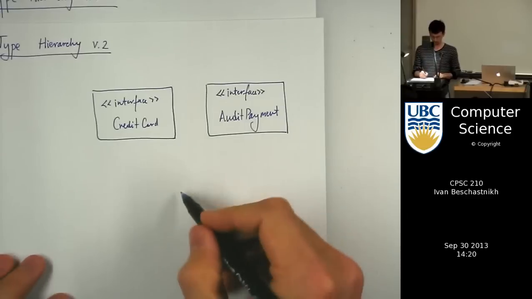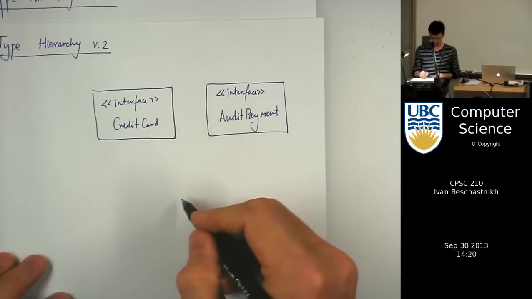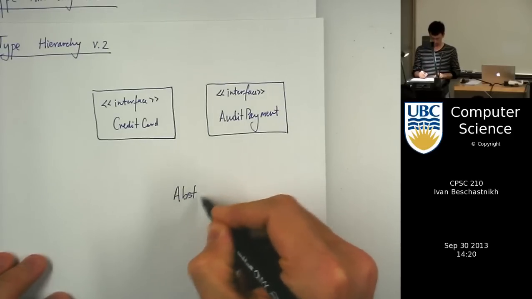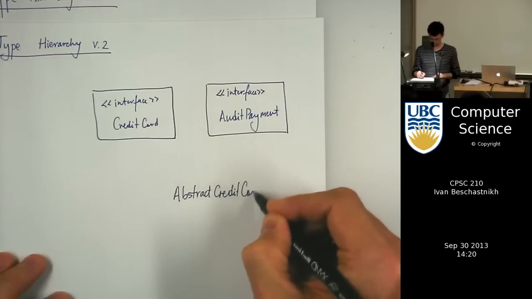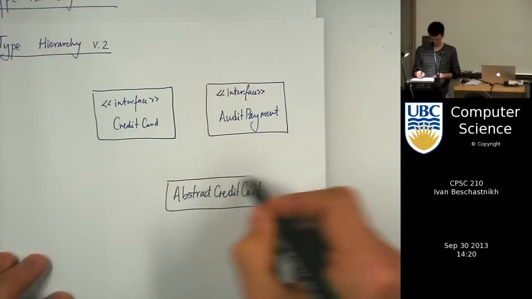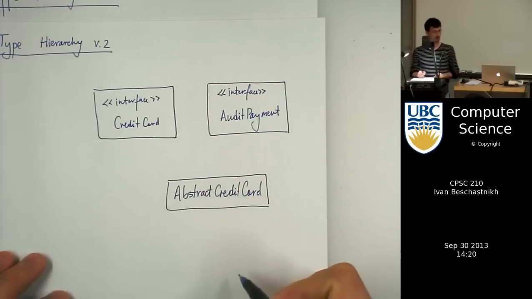And below that, I'll have my abstract credit card, and this abstract credit card is going to implement both interfaces.